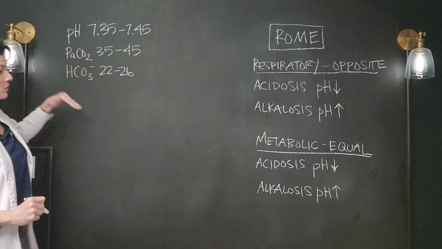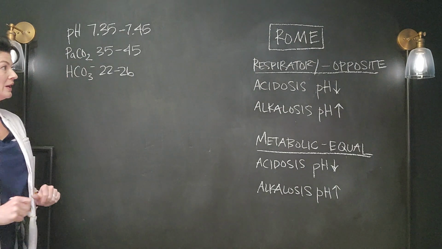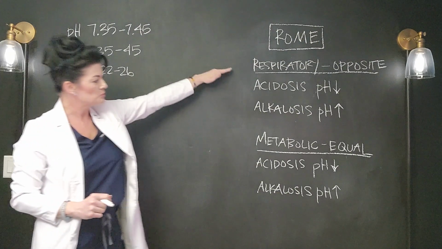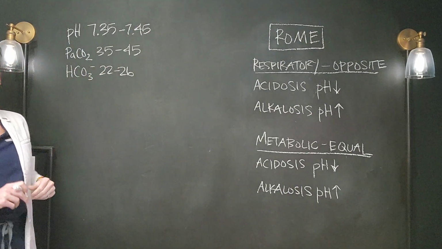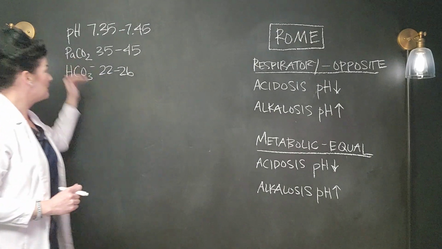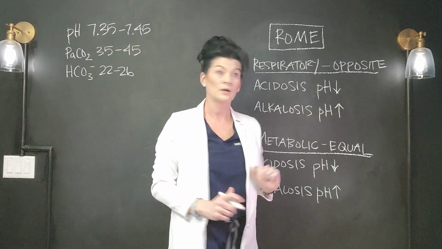All right, so now we got to throw some of these values over here to our ROME diagram. Okay, so we've got respiratory and we've got metabolic. Looking at these 2 values, which one makes more sense in respiratory? Hopefully you answered partial pressure of CO2. Okay, so here's where our opposite comes in.